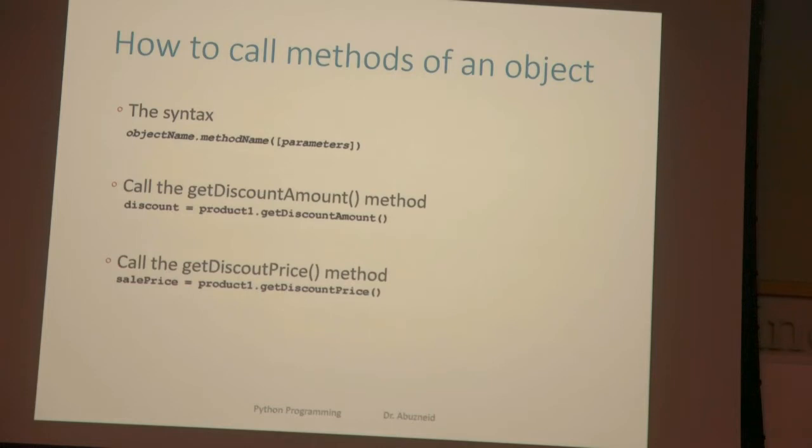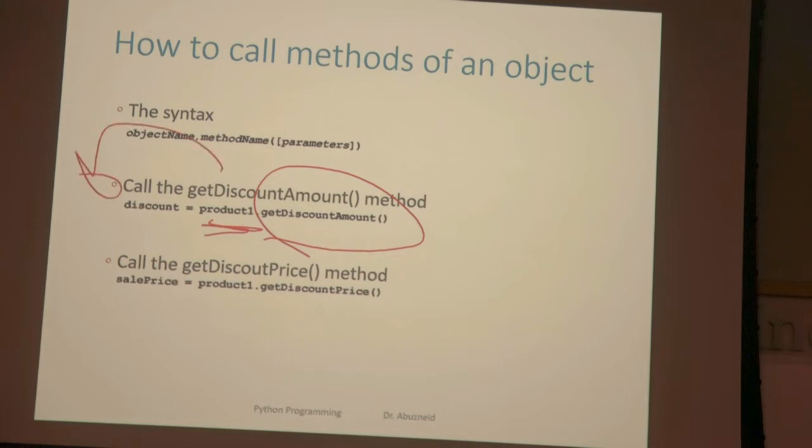Clear? So for example, here you have get discount amount. To call it, I call the object, product one dot get discount amount, and I save it to a variable called discount.